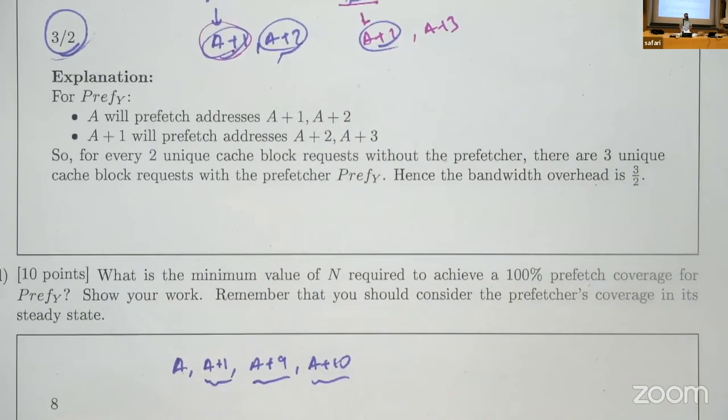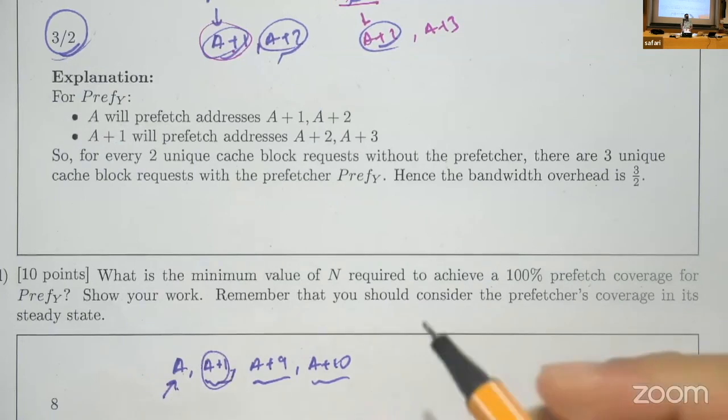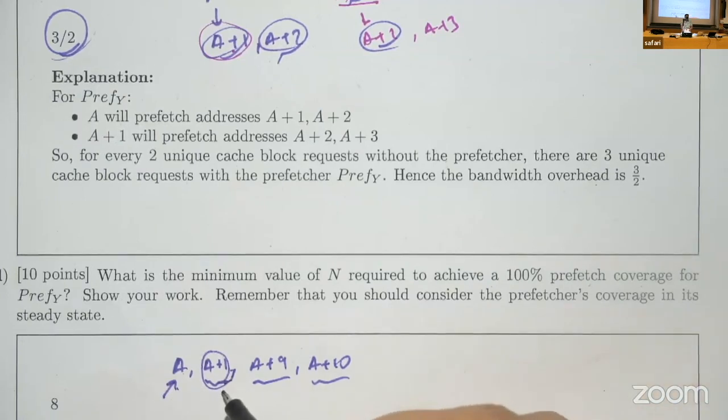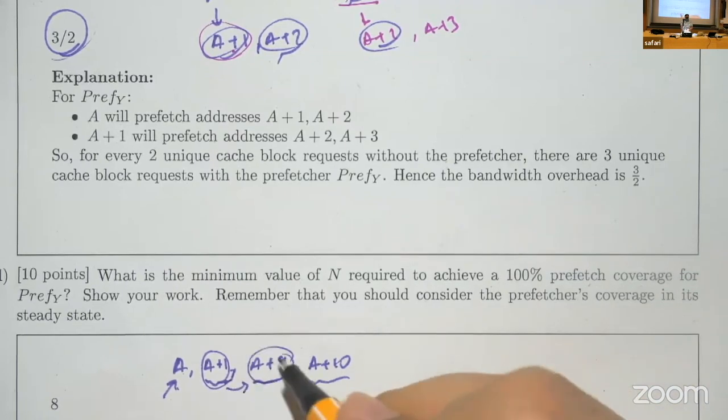So I want to have a prefetcher that will successfully prefetch all of these. When I access A, I want to prefetch A+1. And when A+1 is accessed, in this case we also assume it's accessed from the cache, so it's basically a memory access, I will get access to prefetch A+9 as well.